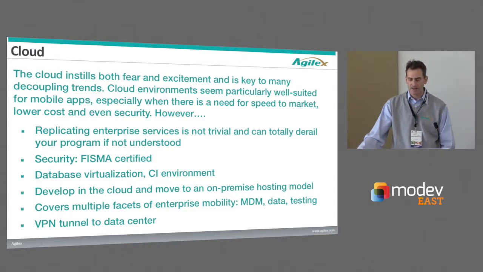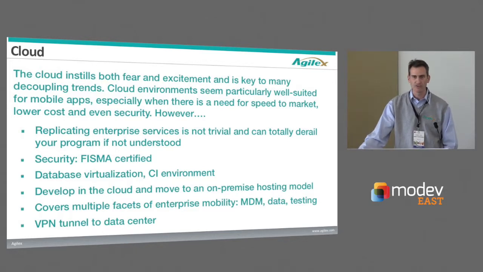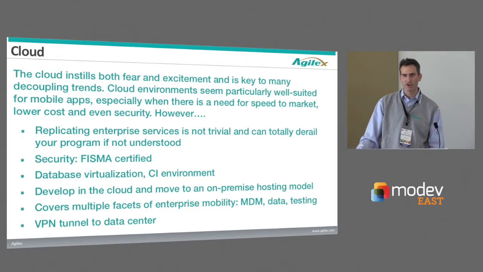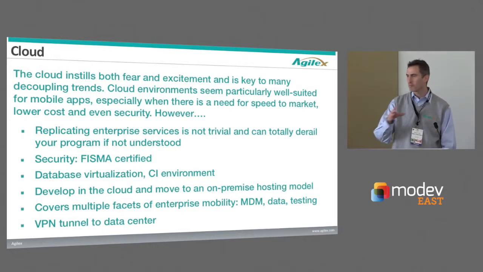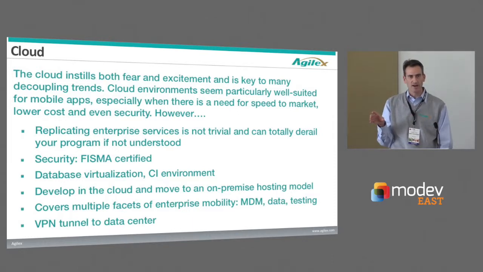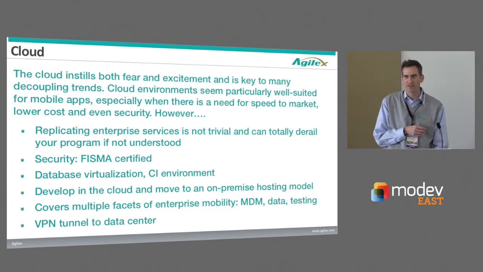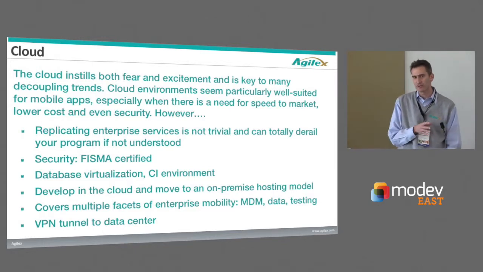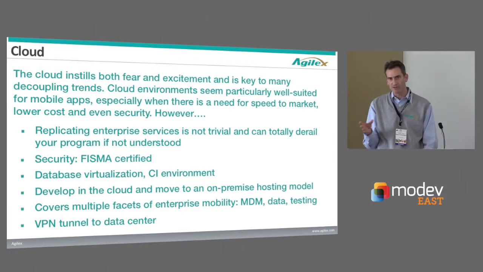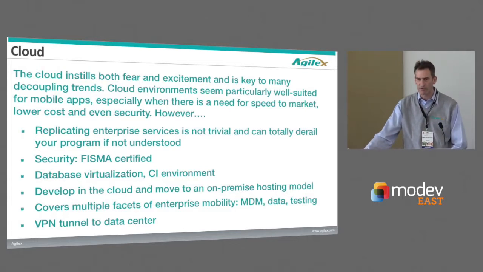And why is that? Well, there are these enterprise services, whether it's VPNs or access to certain protocols and ports, that aren't replicated in the cloud. And development teams and IT didn't understand that. They thought we could just spin up a dev environment and servers, everything was great. But they failed to recognize that there were these other critical parts. So it's important to understand that and incorporate that in your planning.